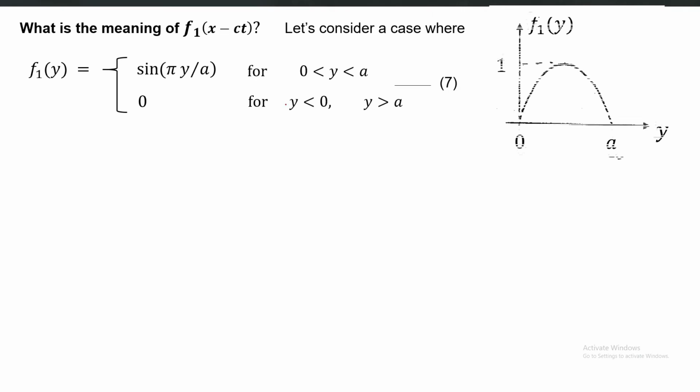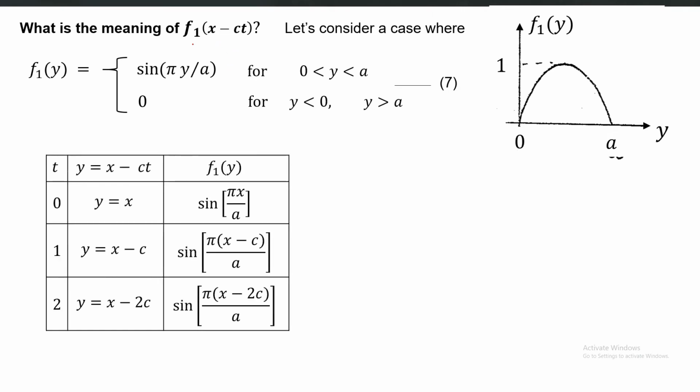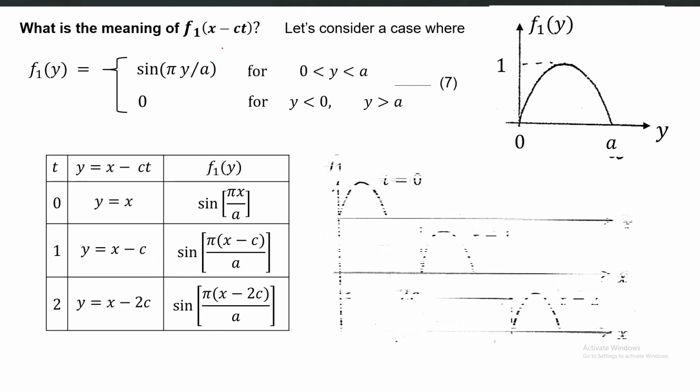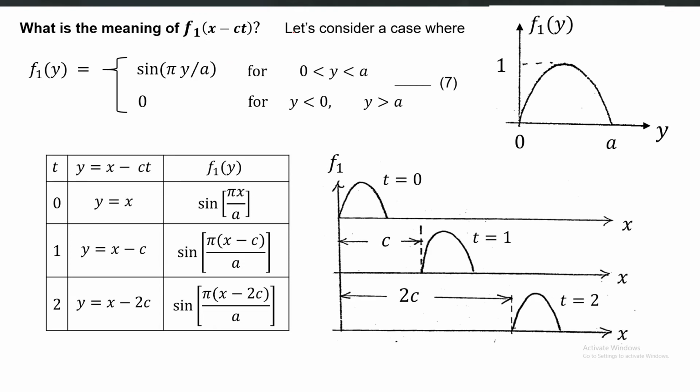Let's now see what is the physical meaning of this f1 function, which is a function of x minus ct. So let's consider a case where f1 is a known function. Let's assume that it is a sine function, so f1 of y is a sine function from 0 to some distance a along the y-axis, where y is x minus ct.